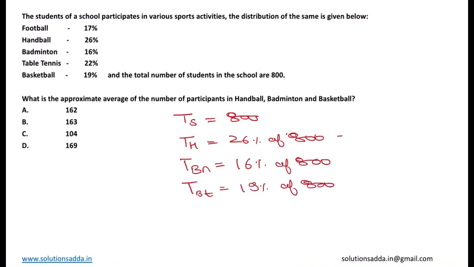While we calculate each of these values, it comes to 26 by 100 cross 800. 26 times 8 is 208.